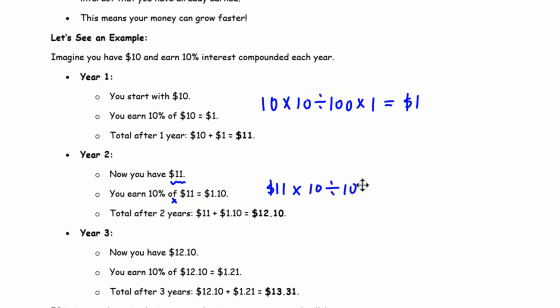Then this is 1 year, and you will have $1.10. So comparing to the first year, you earn 10 cents more. After 2 years, your balance is the $11 at the beginning of the second year plus the interest, so you have $12.10.